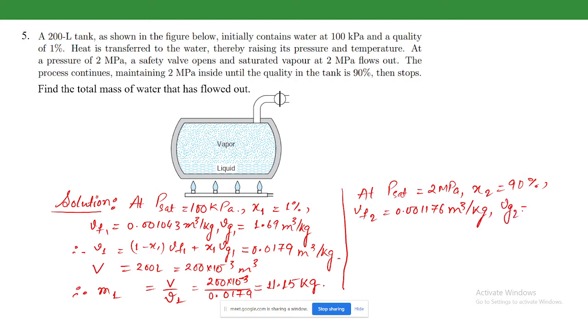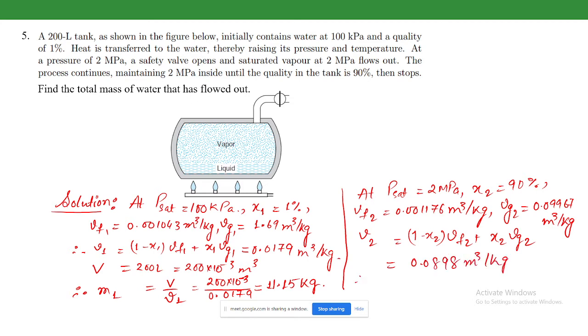So v2 will be equal to (1 minus x2) Vf2 plus x2 into Vg2, and we will get this value to be 0.0898 meter cube per kg. Therefore m2 is equal to 200 into 10 to the power minus 3, since the total volume remains the same, divided by 0.0898, and this value comes out to be 2.2265 kg.